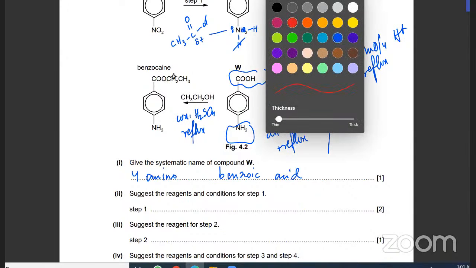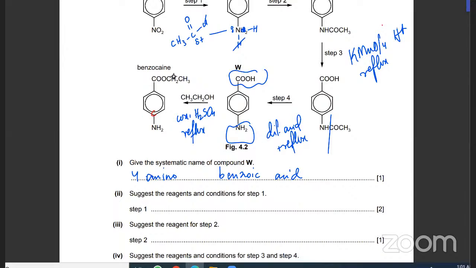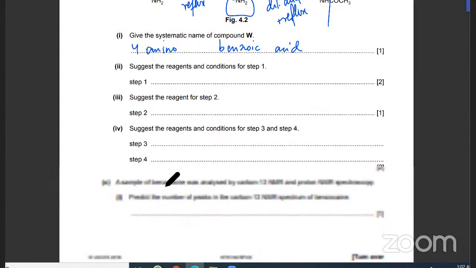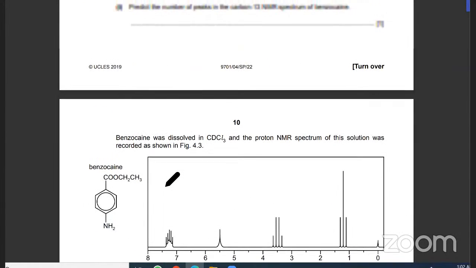Starting with, there's this bottom carbon, that's environment number 1. Then you've got these 2 carbons in the same environment. They would resonate at the same frequency. So it's 3. This is the 4th one. This is 5th and 6th and 7th, right? So 7 peaks. You got 7 peaks for that.